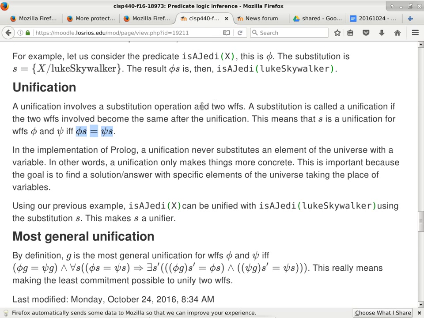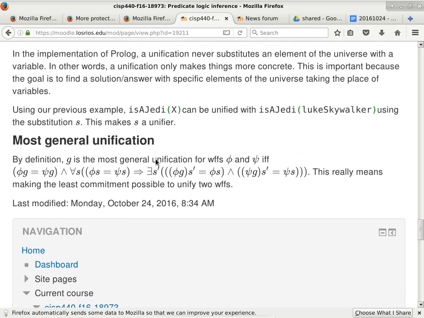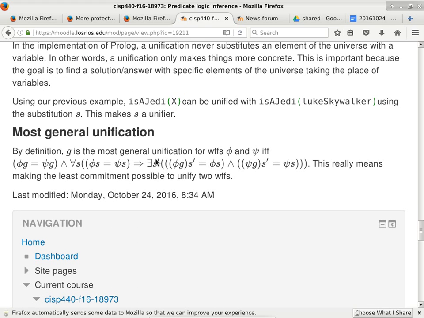In predicate calculus, not only do we have unification, which we just kind of explained, we also have what we call the most general unification. So let's take a look at the definition of the most general unification, and we'll see, does it make sense? What are we talking about?